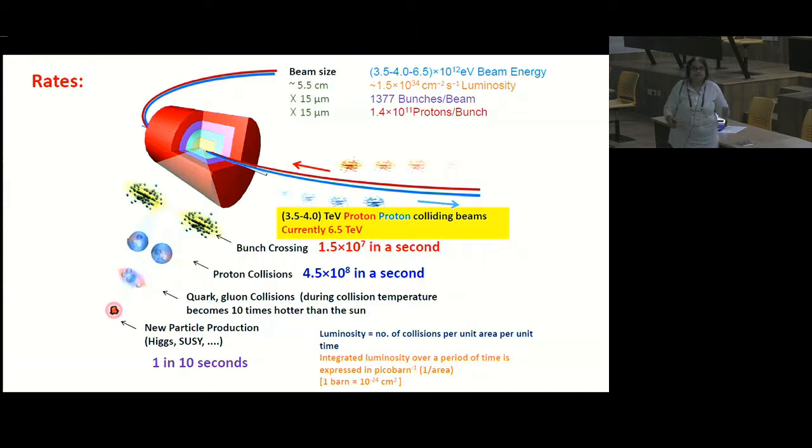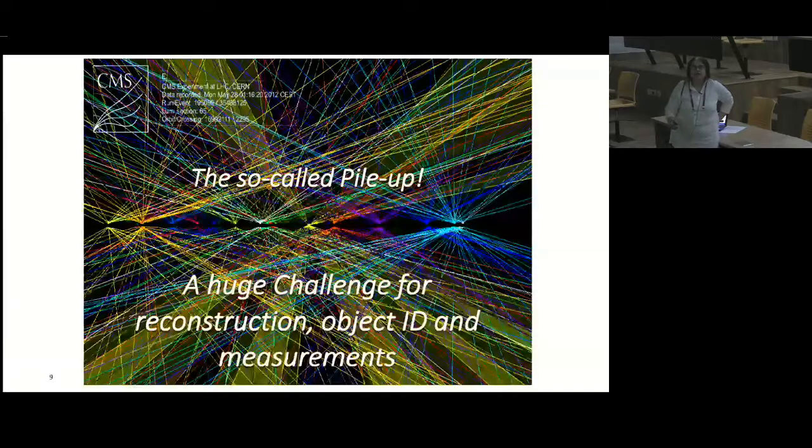The other difficulty we have, as I showed you, is that there are many protons in a bunch, and the bunches cross each other and there are collisions. As a result, in one particular bunch crossing, we have a really, really large number of interactions. But I have to find out which of these collisions is of interest to me and map out all my physics with respect to that particular vertex.